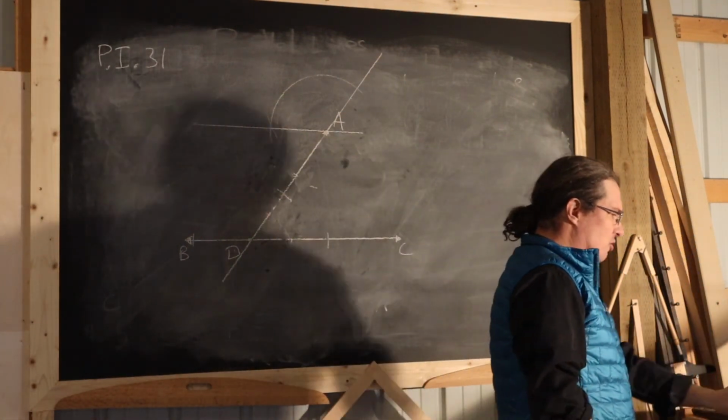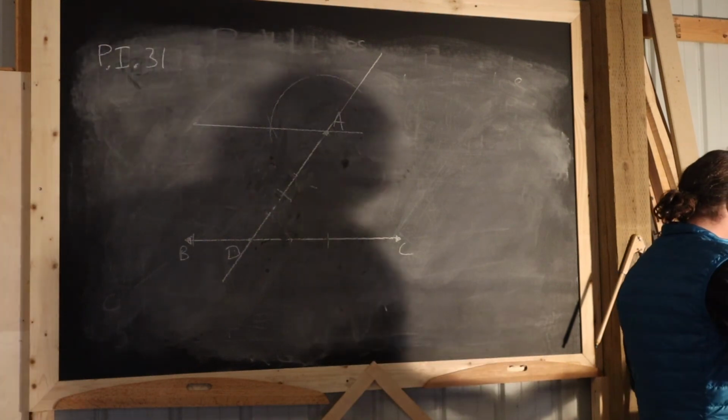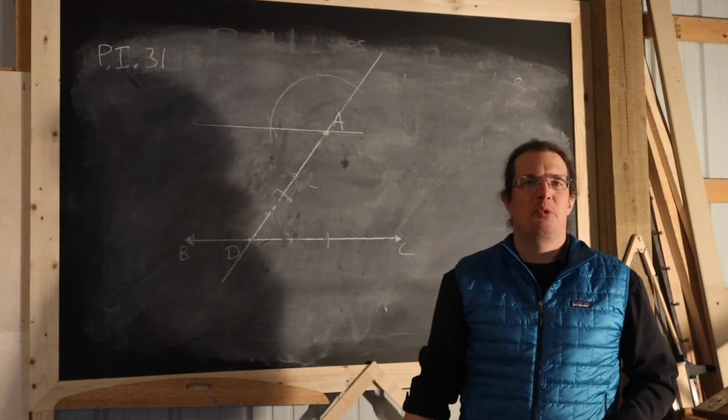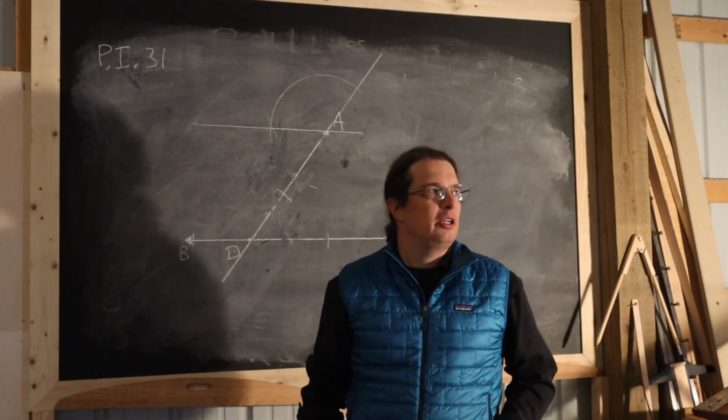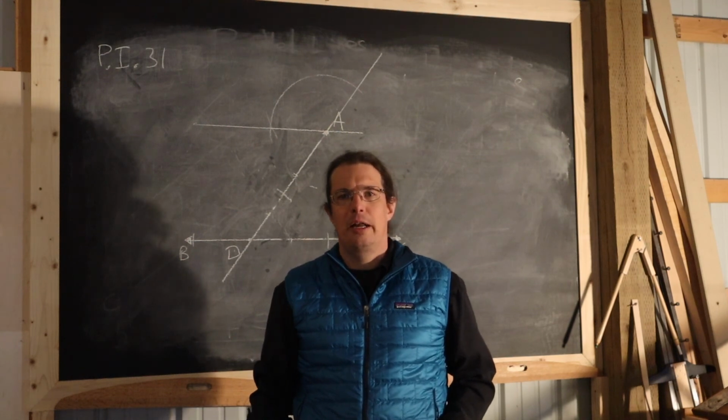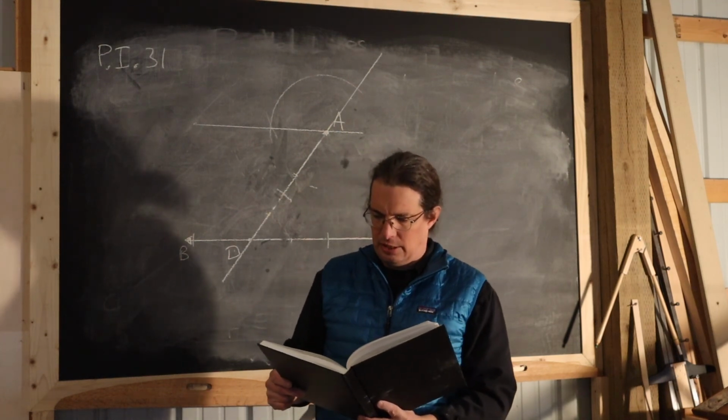So that's how you can construct 2 parallel lines. 2 different approaches. Either one of them is fine. Sometimes in a particular construction you might find that one works better than another, just depending on how much available space you've got.